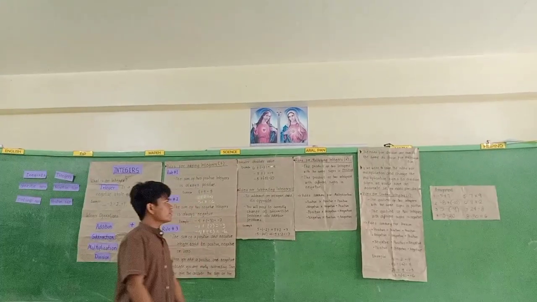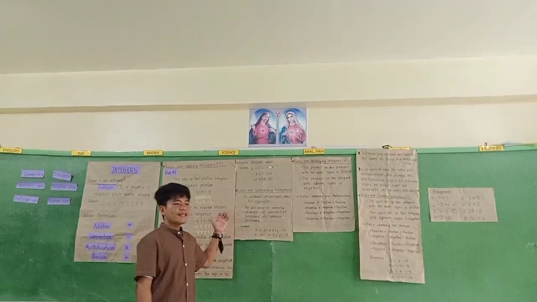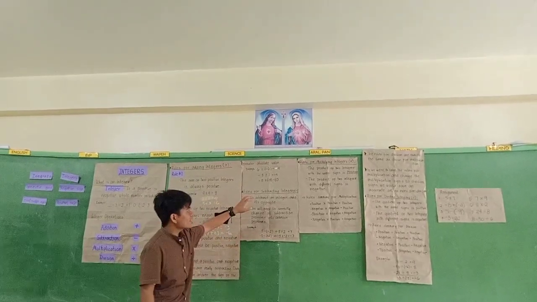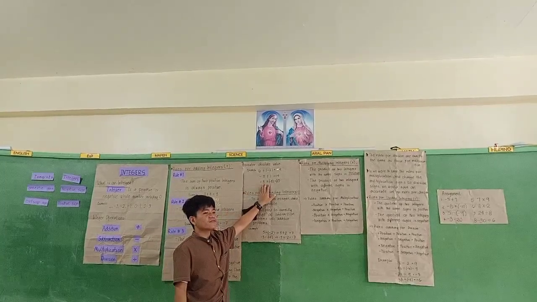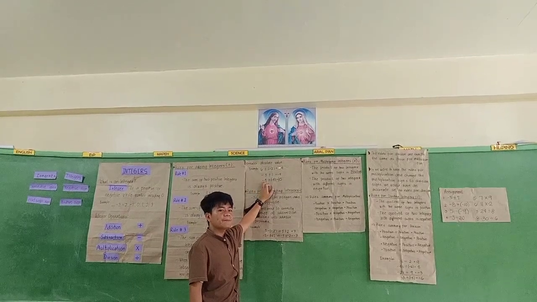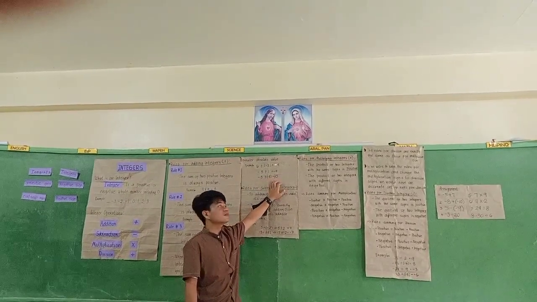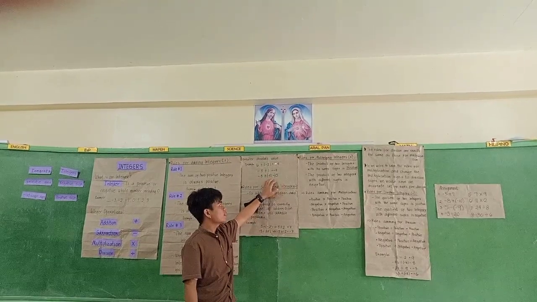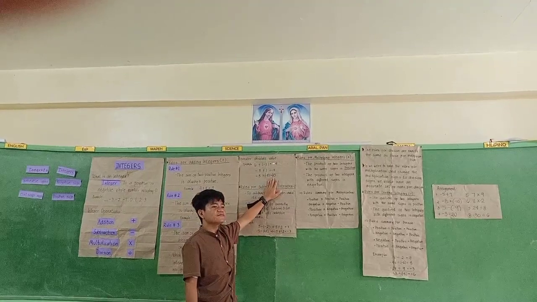Okay, next we have negative 5 plus negative 5 equals negative 10. Since they have the same signs, we would not change the operation. Instead, we add them but copy the sign of the two, since they have the same sign. So negative 5 plus negative 5 equals negative 10.